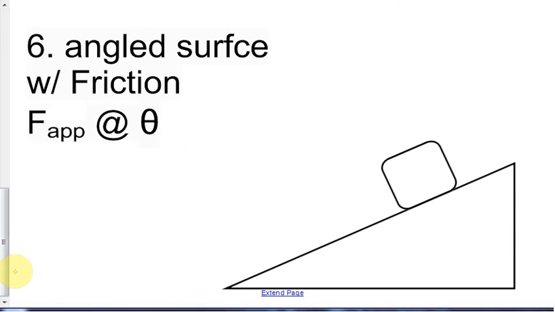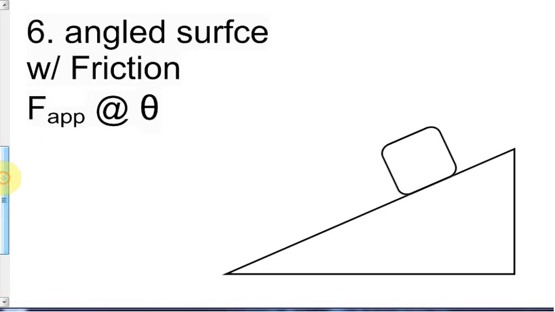And our last picture here, I have an angled surface. It is with friction, and this time I have an applied force at some kind of angle theta. What I'm going to do is say that that force is acting up the ramp, even though it doesn't specify. So here is my force 1, my applied force, and I'm going to break it up into components.